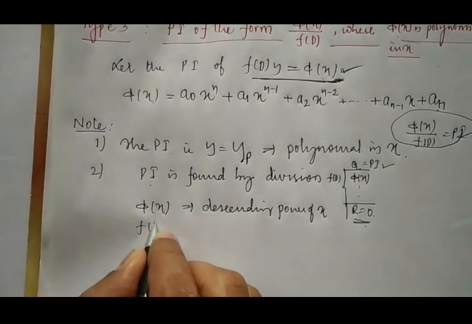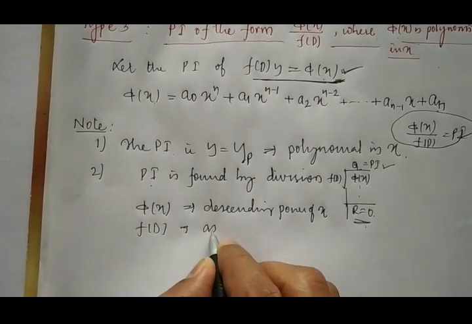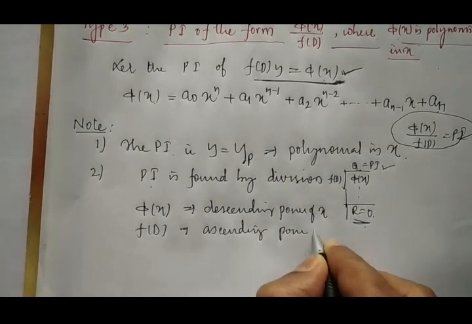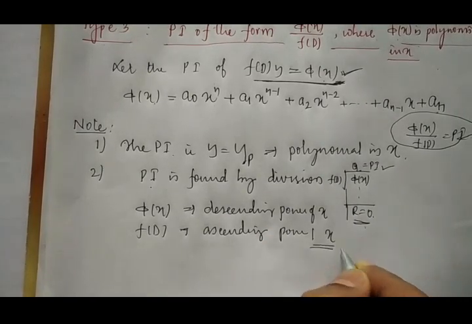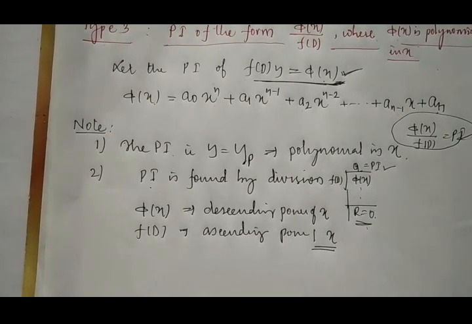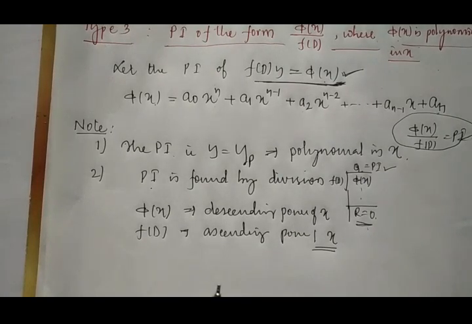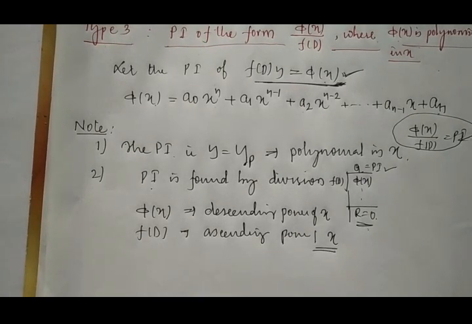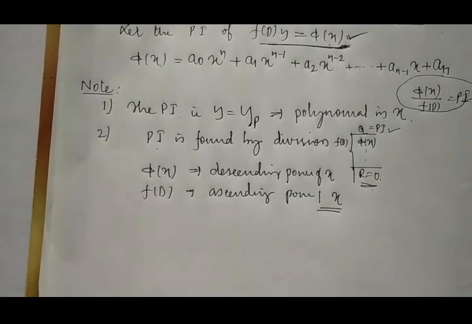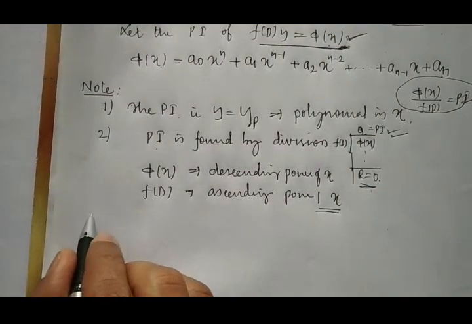Then the remaining is f of D. This f of D has to be written in ascending power of x. This we need to keep in mind. It doesn't mean that if you don't follow this, we cannot get a solution. We can get a solution. But if you follow this writing pattern, then we easily obtain a result. That is more important. Then, as we all know, this coefficient will be treated as a particular integral.